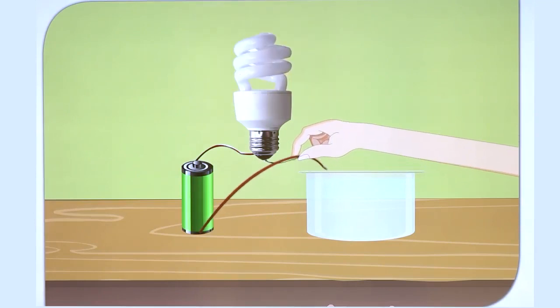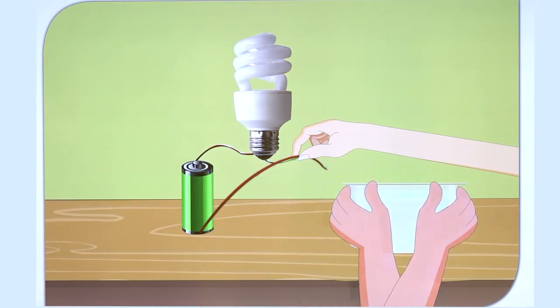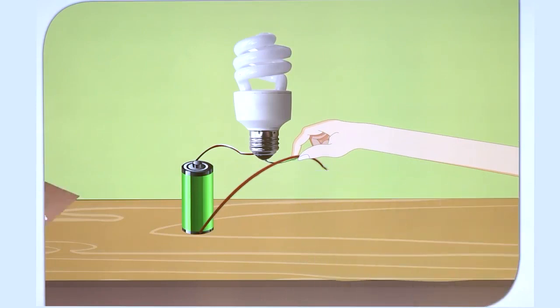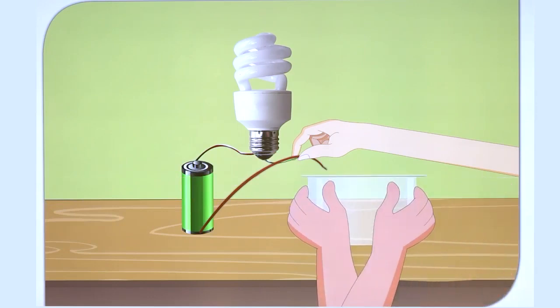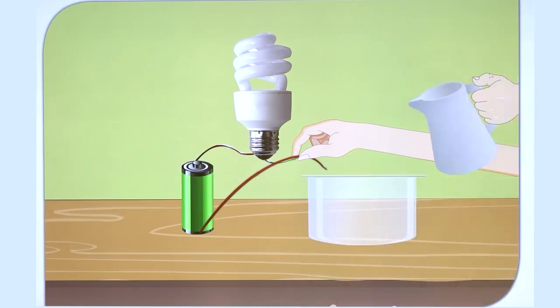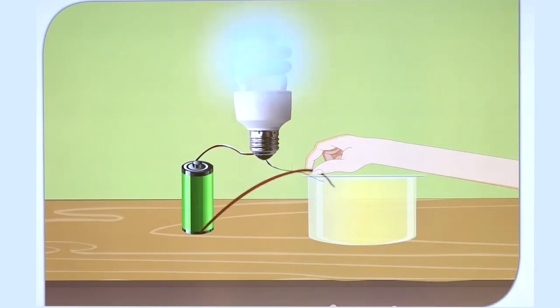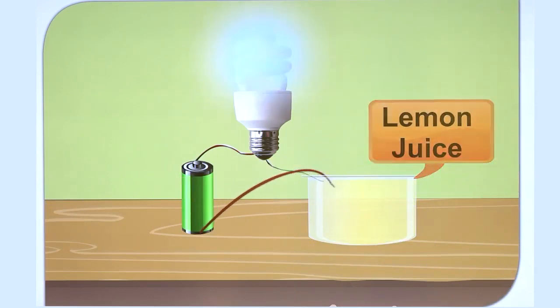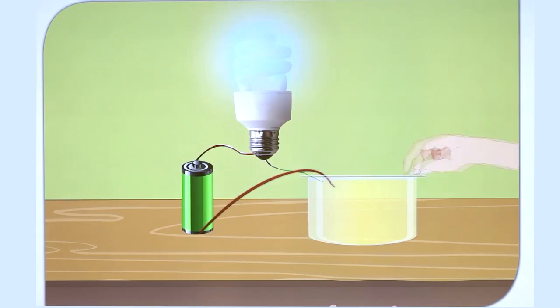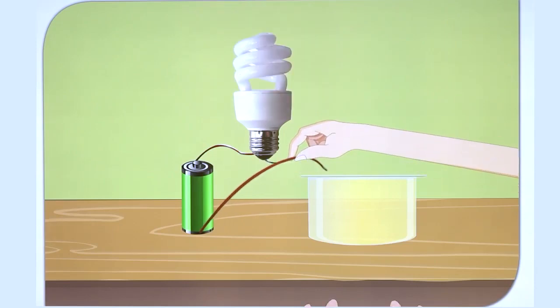But we have to remember that every time we put the wires into a different liquid, we must clean the ends with the help of sandpaper. So as we can see, if we pour lime juice inside the beaker and dip the wires, the bulb glows. That means lemon juice is a good conductor of electricity.